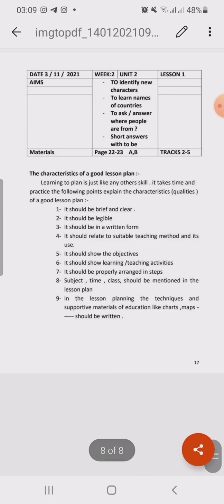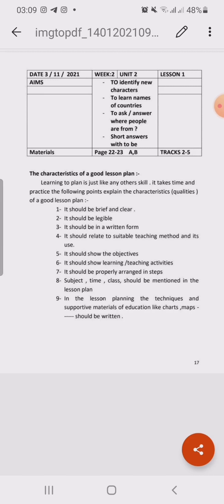It should show the objectives and the learning and teaching activities. It should be properly arranged in steps.